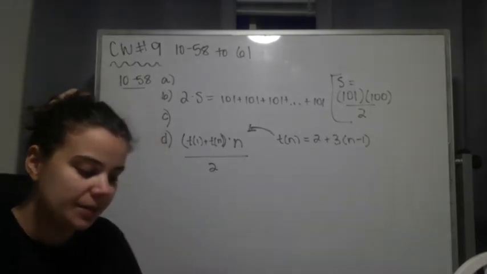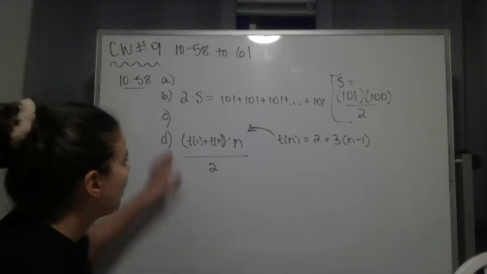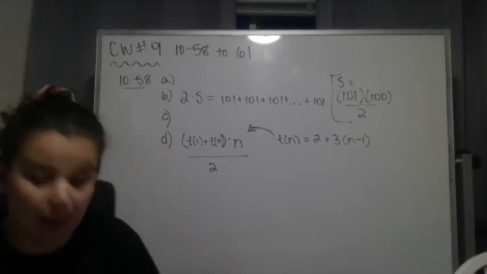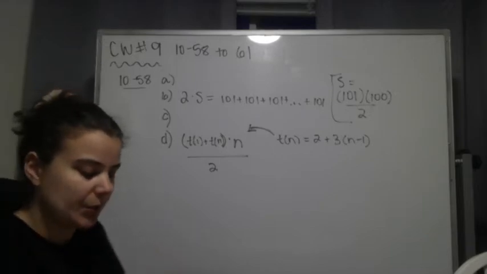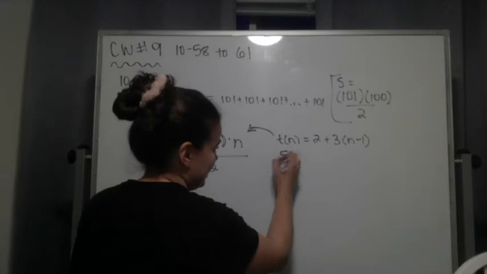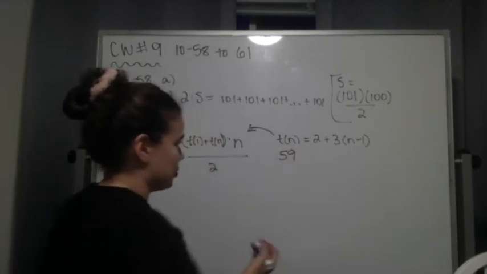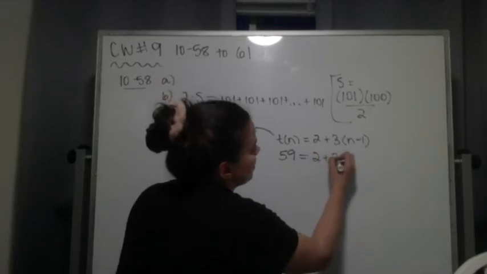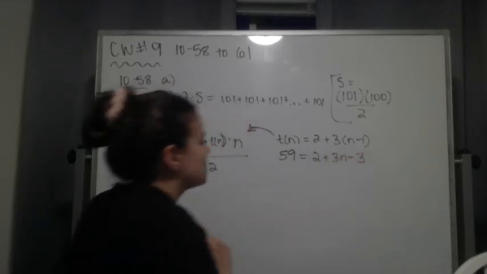For part D, if we are going to use this formula, we do need to know how many terms there are. The way you can do that is you know that the nth term, which we're trying to figure out what n is, is 59. So 2 plus 3n minus 3 equals 59.